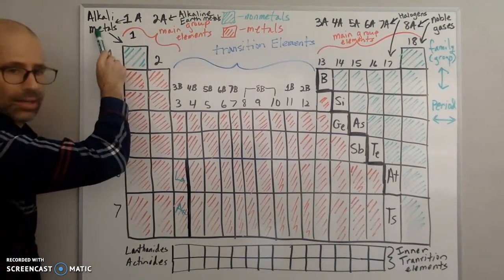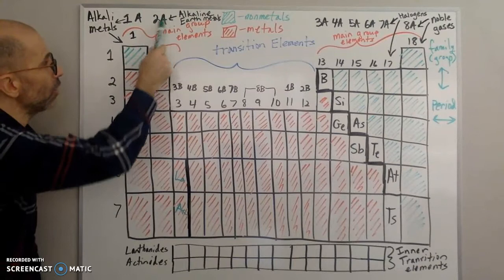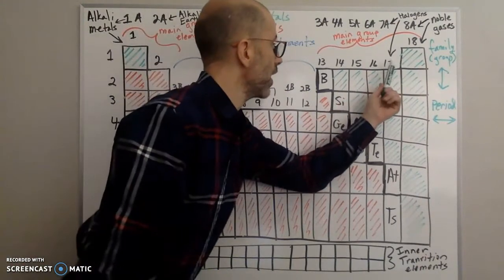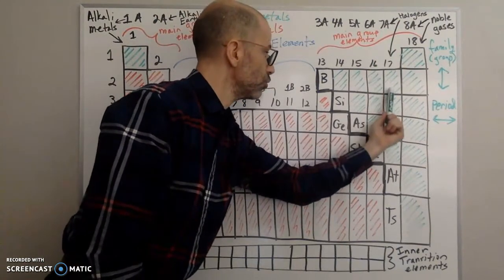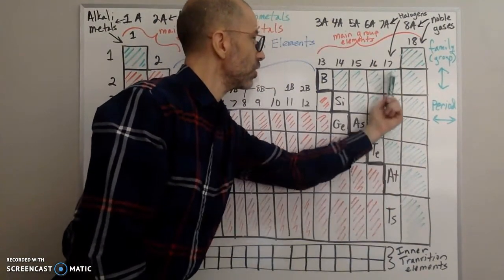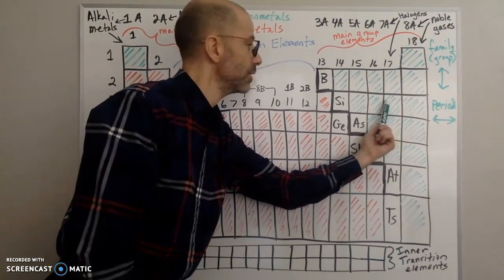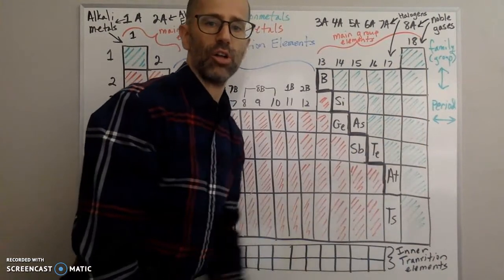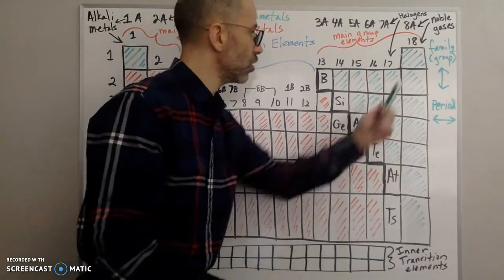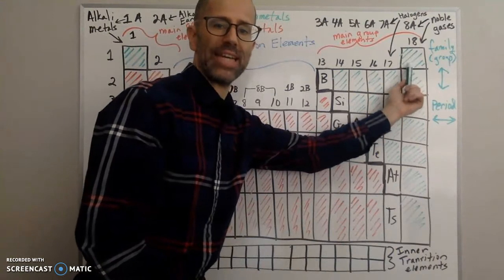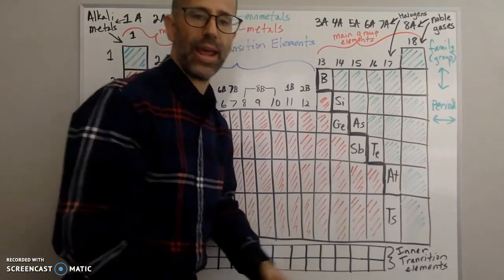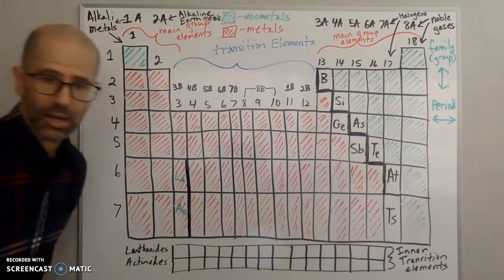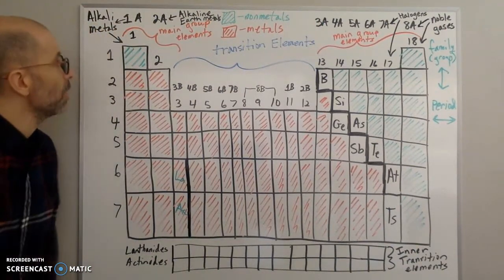So you have your alkali metals 1A, alkaline earth metals 2A, and then over here you have in this 7A group, these are called your halogens. And this last group here, 8A, these are called your noble gases. These are noble gases, or they're also called inert gases. They don't react at all with anything, at least not under normal conditions.